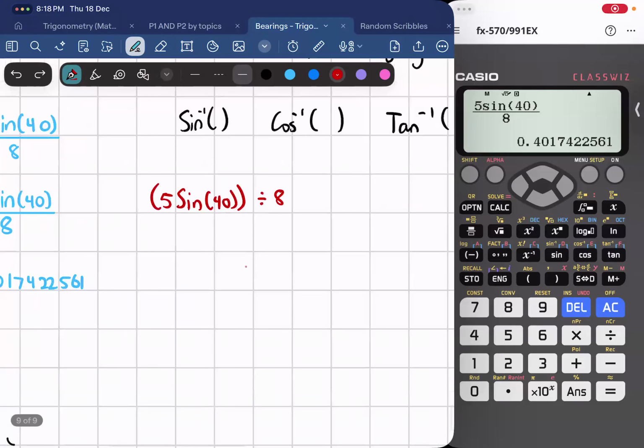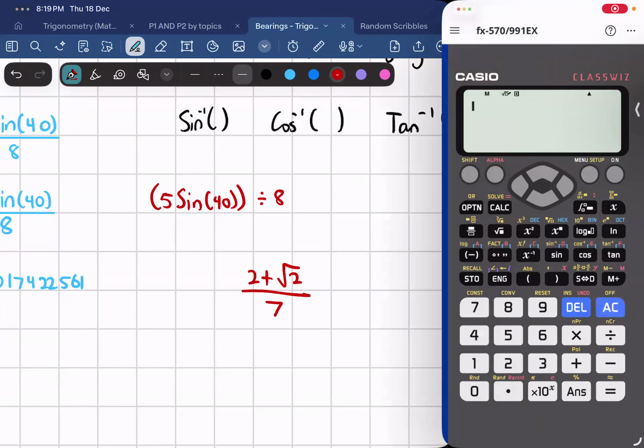Let me show you an example of where I would recommend using the brackets. Let me just say I tell you to find 2 plus square root of 2, all over 7. Try finding that and tell me what you get in the calculator.